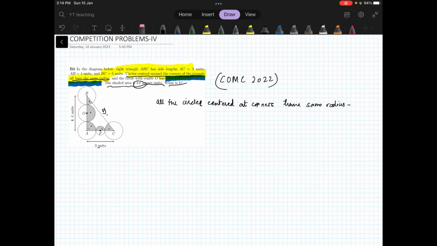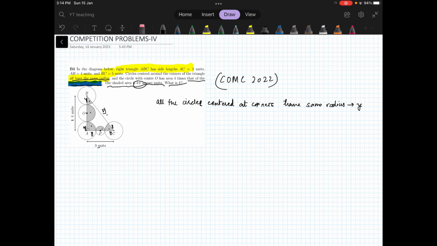Call it y, call it y. Then this is y, this is y, this is also y, this is y, right? This is y, like this. Okay, fine. So next piece of information is circle with center O has area 4 times that of the circle with center P.